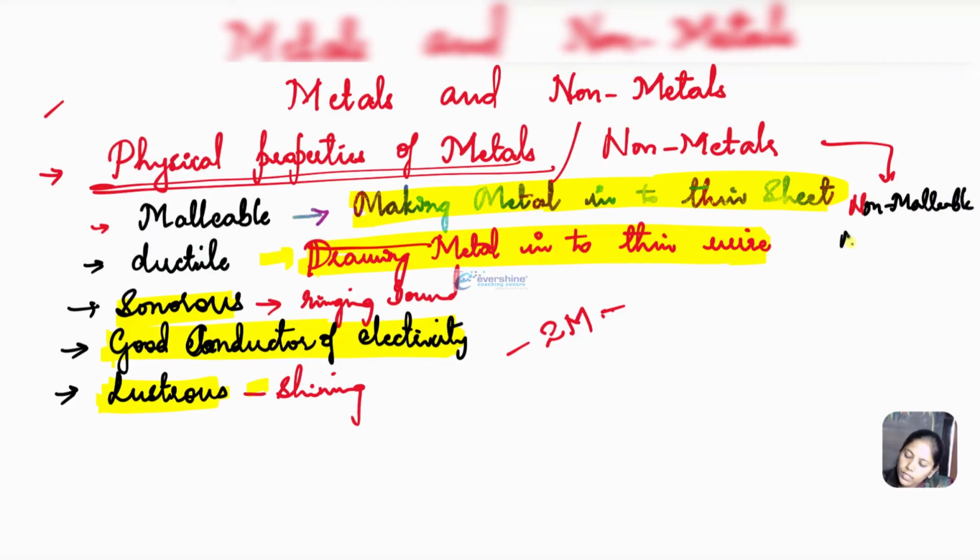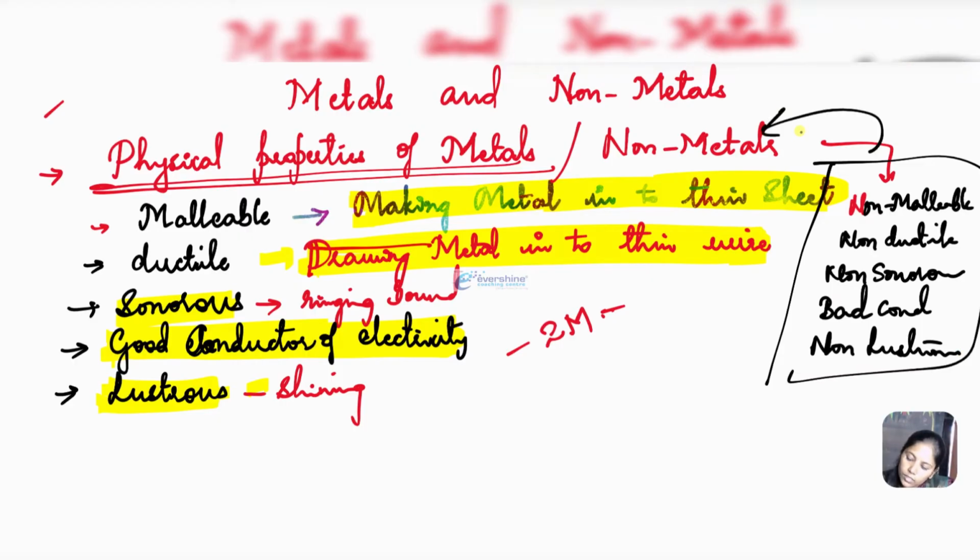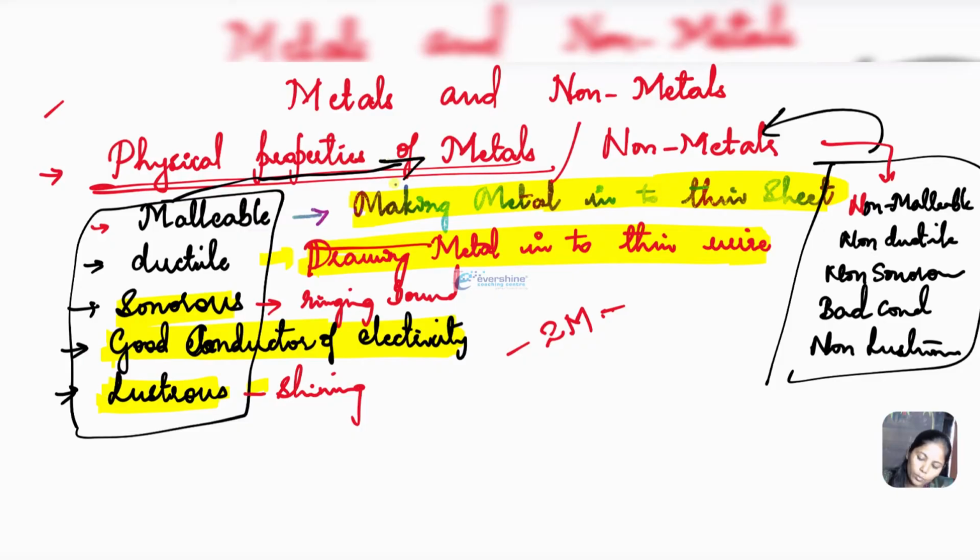Non-metals are non-ductile. Non-metals are non-sonorous. Non-metals are bad conductors of electricity and heat. Non-metals are non-lustrous. So these are all the properties of metals, and these are all the properties of non-metals.